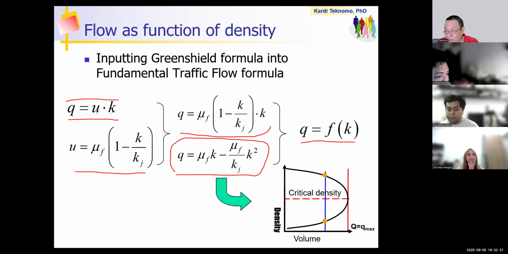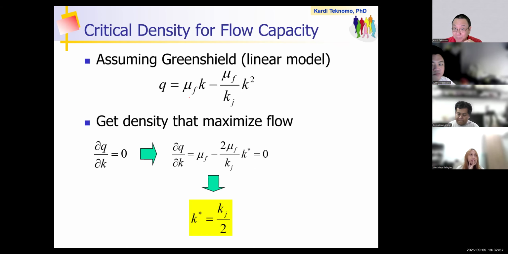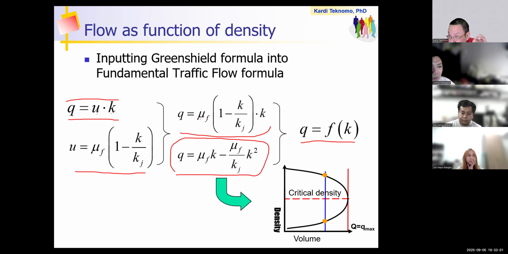If you plot, you will get something like this, density and volume. So you get a quadratic formula. From here, I want to get this maximum. Why? Because this maximum means capacity.